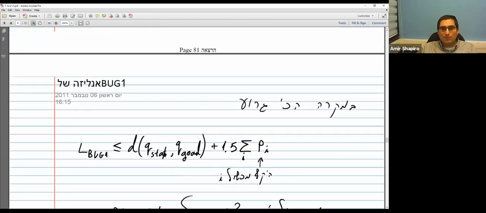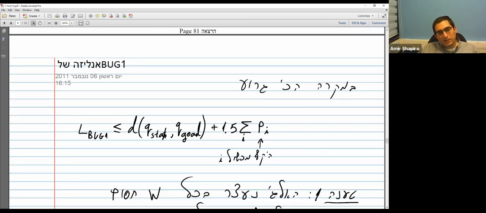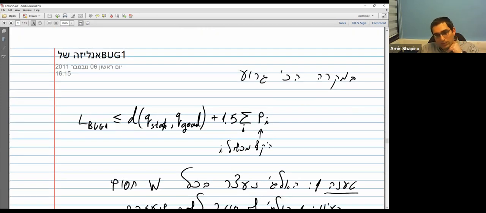So it's 1.5 times the sum of the circumference of each obstacle. And this is the amount that the bug algorithm will go.